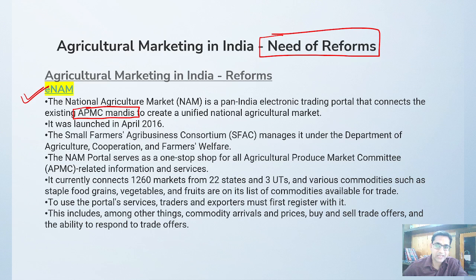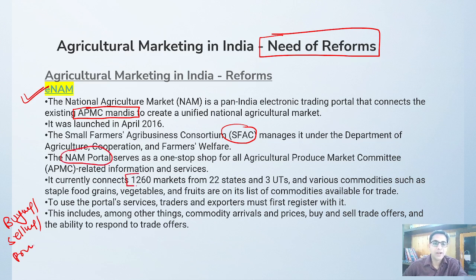This is under the Small Farmer Agri-Business Consortium, SFAC, Department of Agriculture. It is like a one-stop solution for all agriculture produce marketing committee related info. That means if you want any information regarding buying, selling, or pricing, you can go to the ENAM portal.